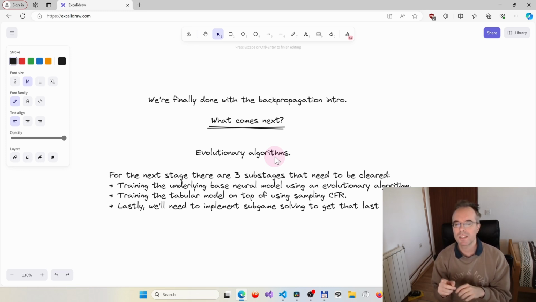These last 2 points, we won't focus on them much for the following section. Instead, what we'll focus on is the evolutionary algorithm itself and its implementation.